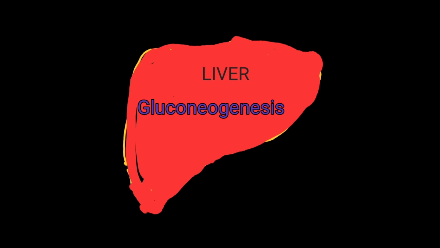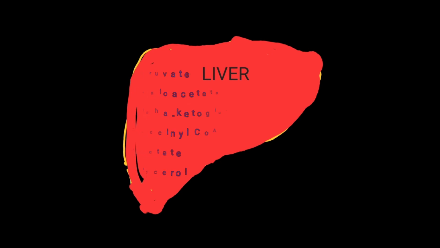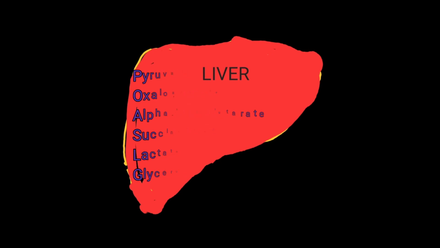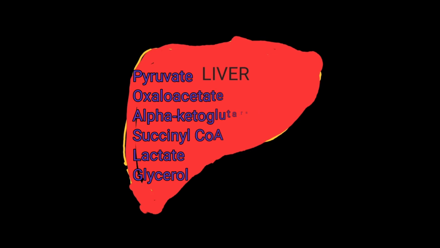Gluconeogenesis will use carbon skeletons derived from several amino acids, including the carbon skeletons pyruvate, oxaloacetate, alpha-ketoglutarate, and succinyl-CoA, to make glucose from these smaller molecules, with lactate and glycerol providing additional sources for the synthesis of glucose.